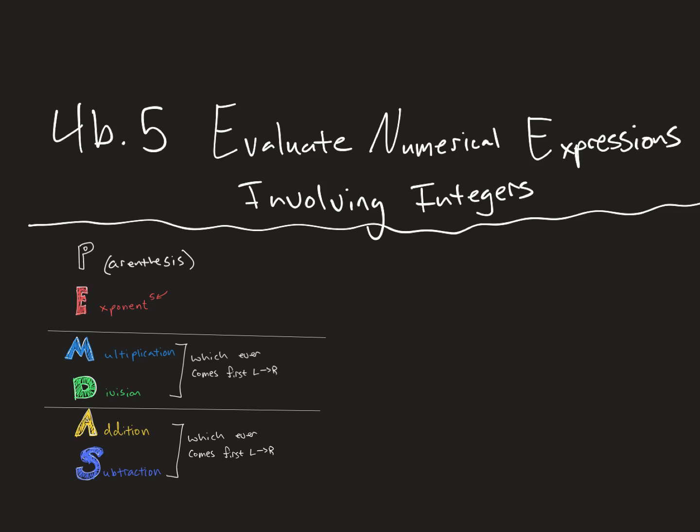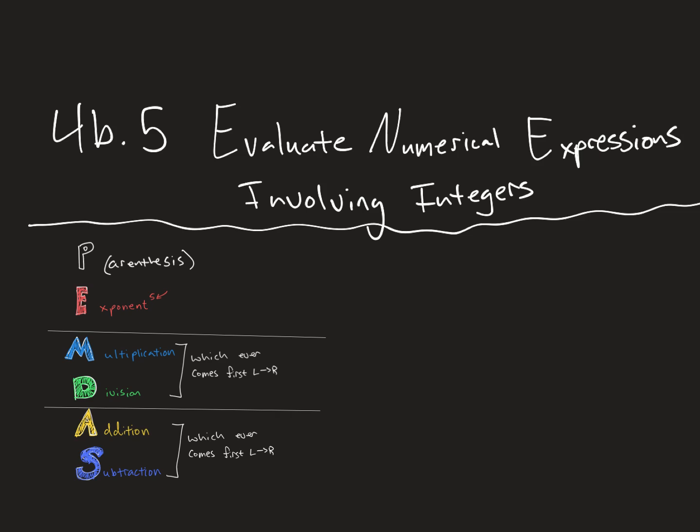So one thing that we really got to keep in mind is a mnemonic device called PEMDAS. For those of you that do not know what PEMDAS means, it means parentheses, exponents, multiplication, division, addition, subtraction.